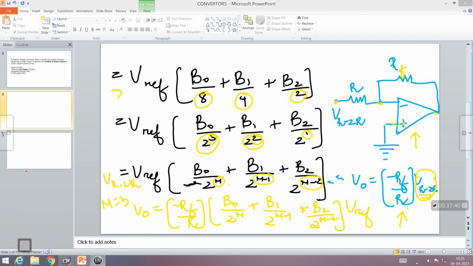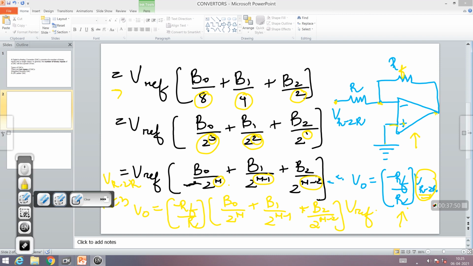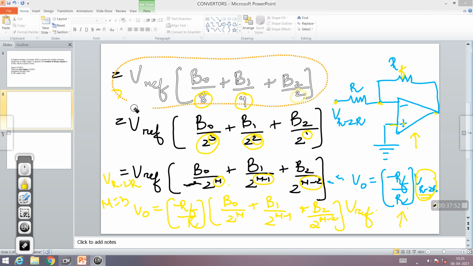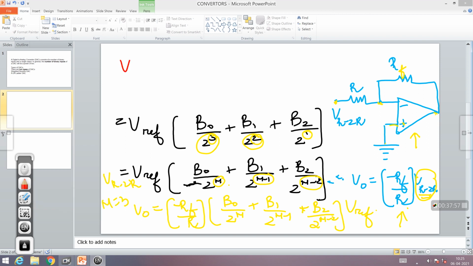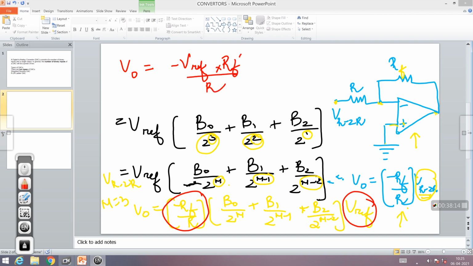This is my output voltage, which I can rewrite. I'll write the final equation on top. The output is given as minus Vref times RF by R, clubbing these terms together.